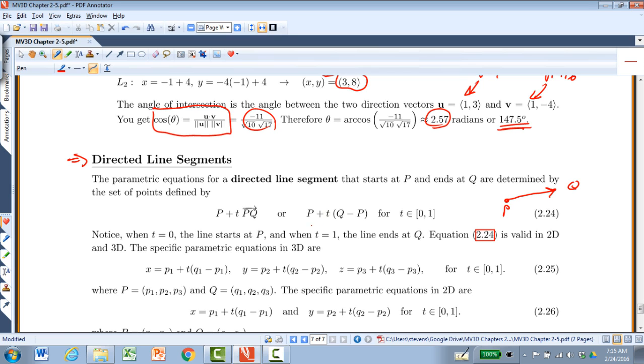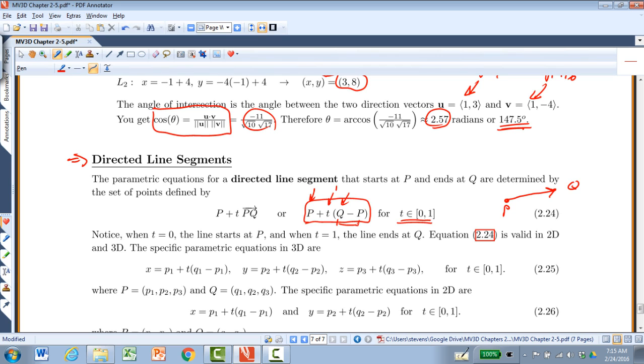I think of it like this, where these are points. You're going to let t go from 0 to 1, and the directed line segment, when t is 0, is going to start at P. But then, when t is 1, when I get P plus Q minus P, I end at Q. Here we're sort of adding and subtracting points, which mathematically doesn't really make sense, but we can change this to a vector.